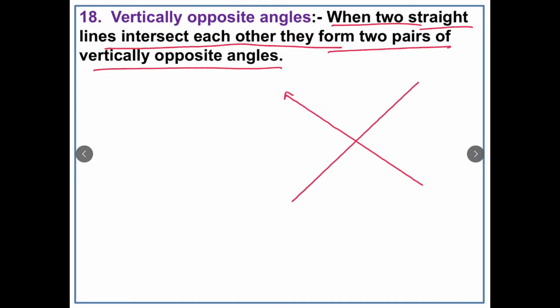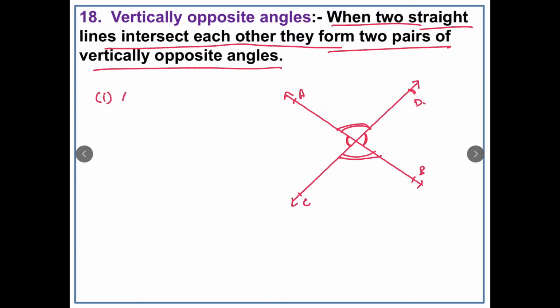Let's say this is A and B here, and there is another line which is C and D here. This is making two pairs of vertically opposite angles. That means this angle is vertically opposite to this angle. Similarly, angle AOD is vertically opposite to angle BOC. So this is forming two pairs of vertically opposite angles.